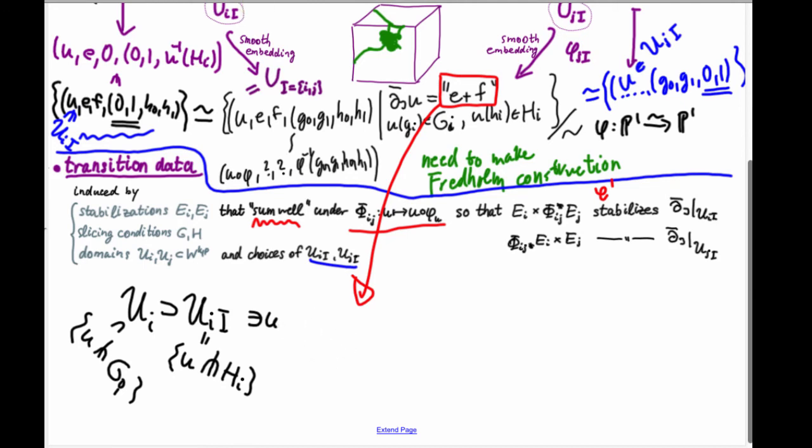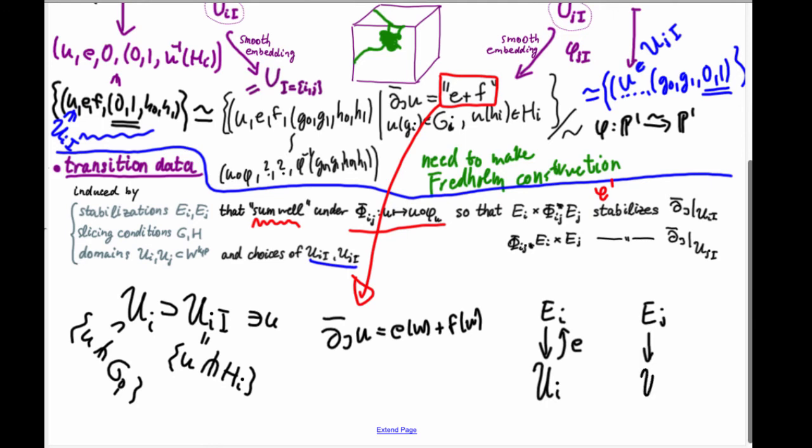This. So I would like to be able to make sense of the equation d bar j u equal to E at U plus F at U, where E is a section of EI over this big curly UI. But F is a section over the wrong space, right?